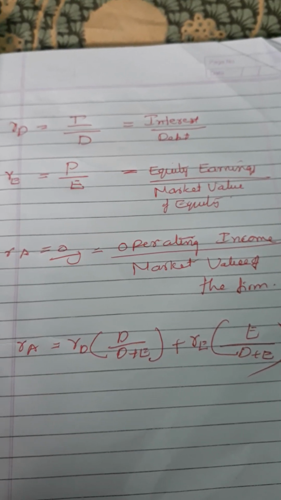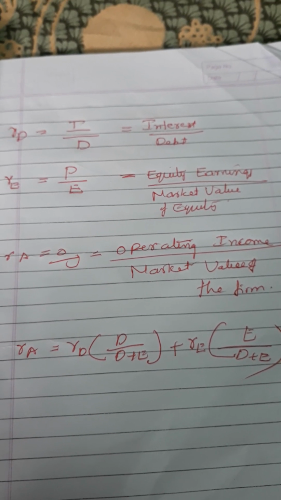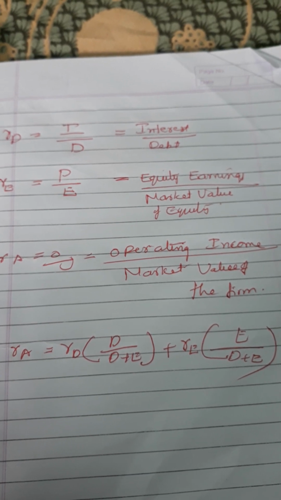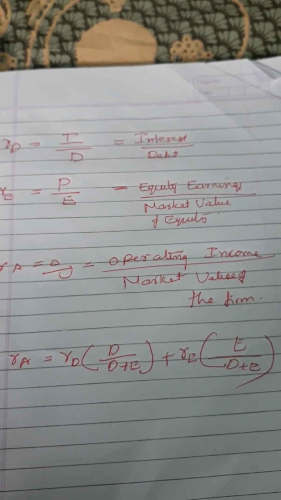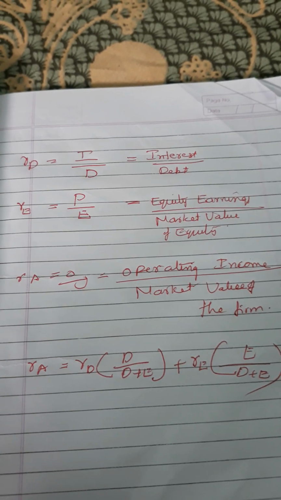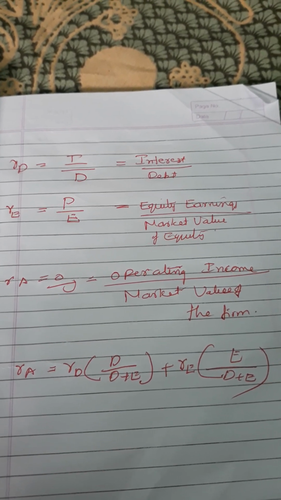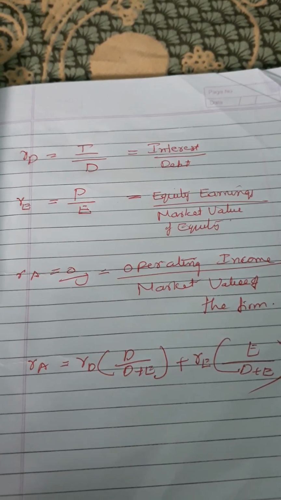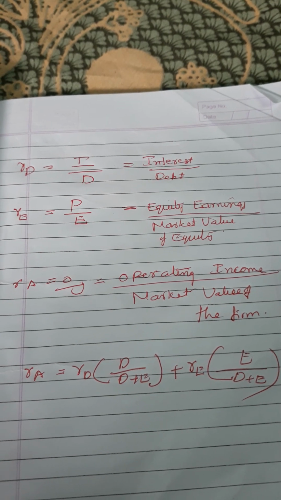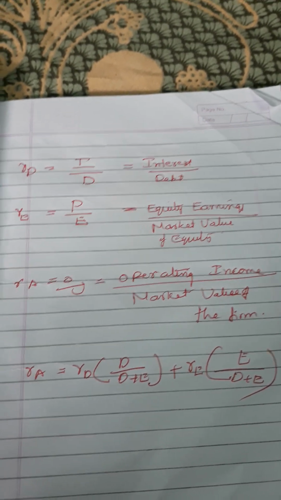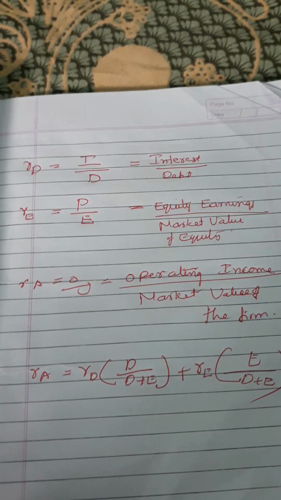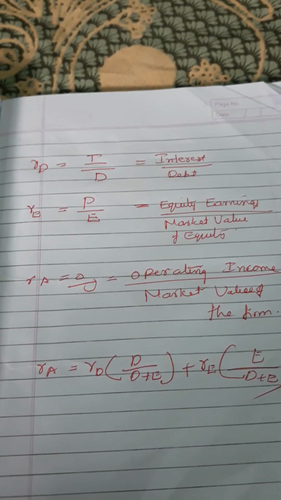Now the cost of the firm is operating income divided by the market value of the firm. So actually it is a return: how much return or income a firm is getting. Earnings on the equity, not the book value of the equity but the market value of the equity.